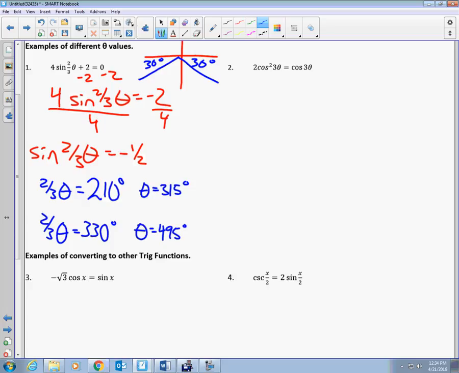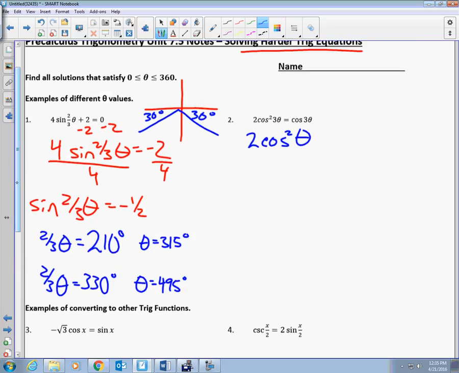Get them on the same side, and then we'll take out a cosine. Oh, yes, I'm sorry. Thank you for pointing that out.